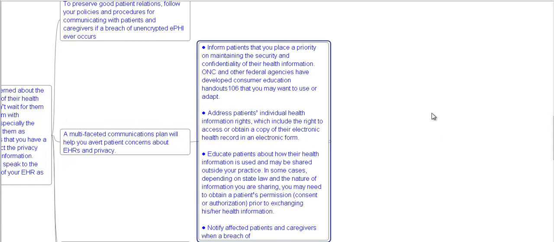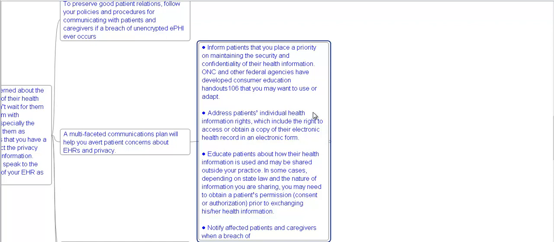Inform patients that you place a priority on maintaining the security and confidentiality of their health information. ONC, the Office of the National Coordinator, and other federal agencies have developed consumer education handouts that you may want to use or adopt.